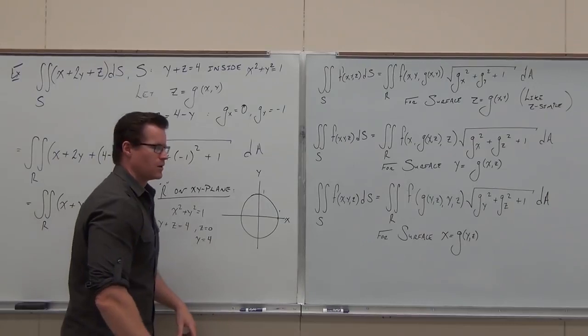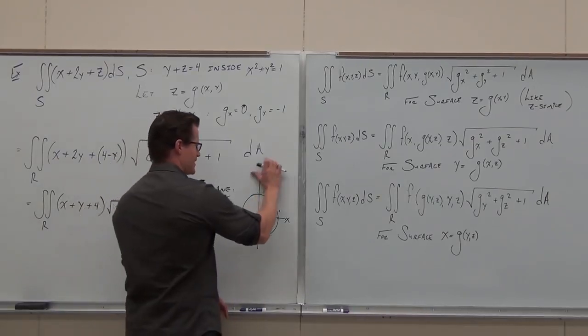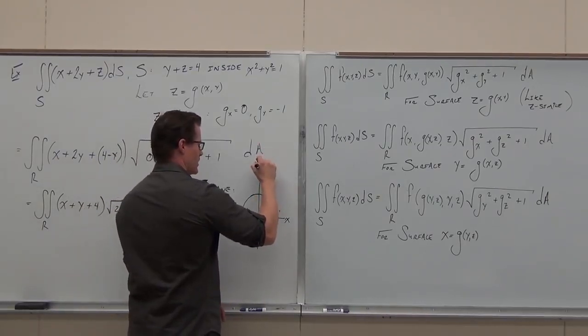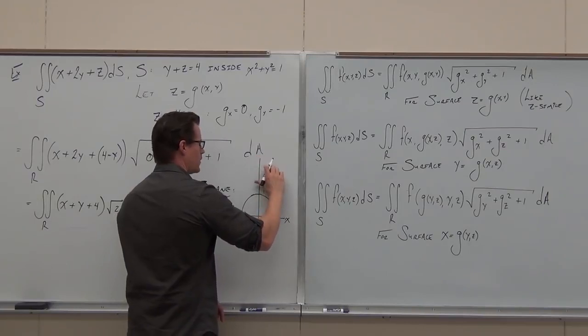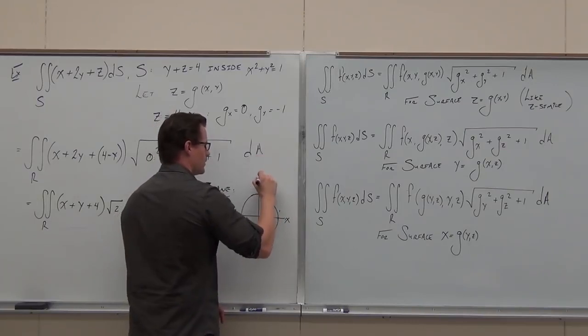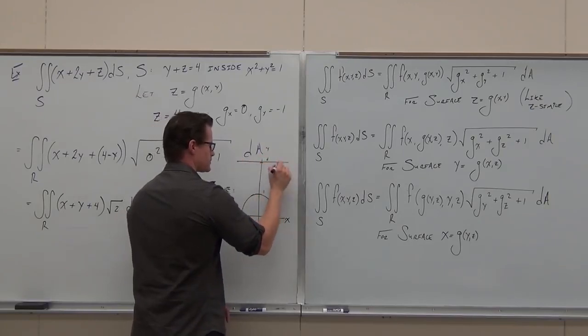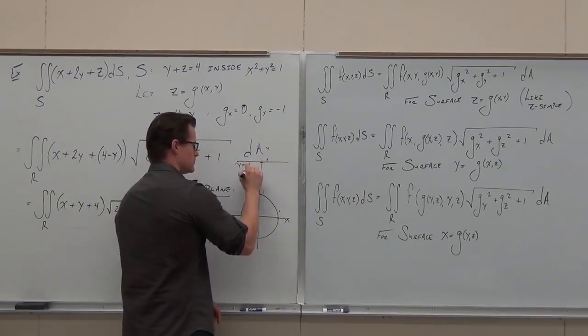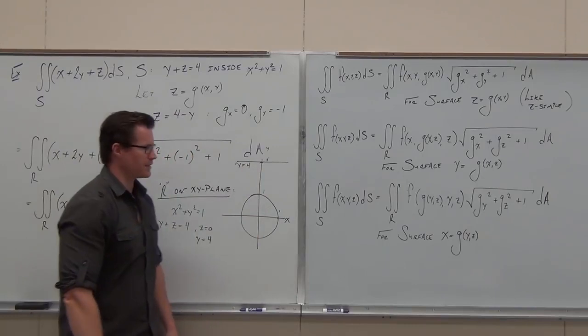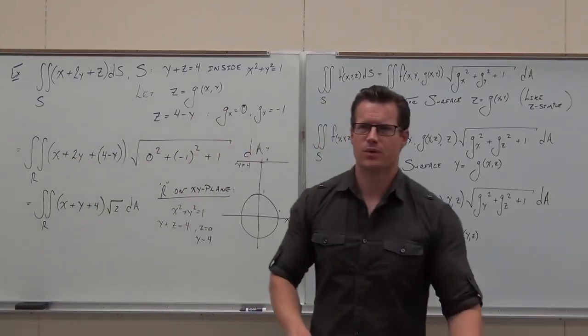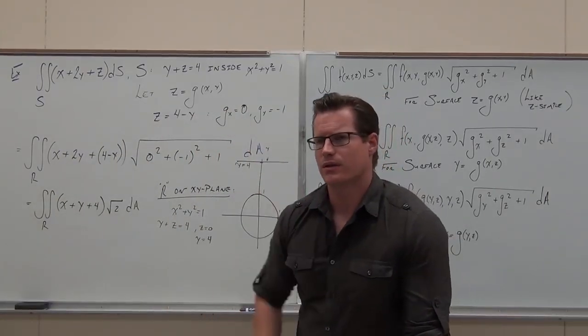You go, wait a minute. Y equals 4, that's way up here. That's y equals 4. Here's a weird question. Why don't they intersect?